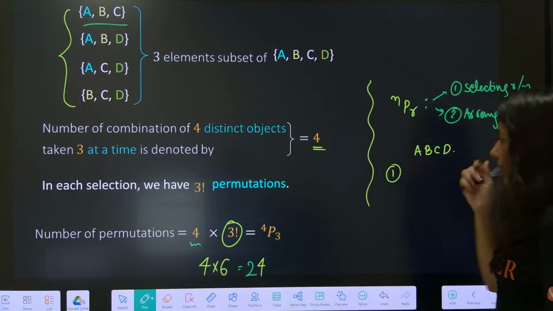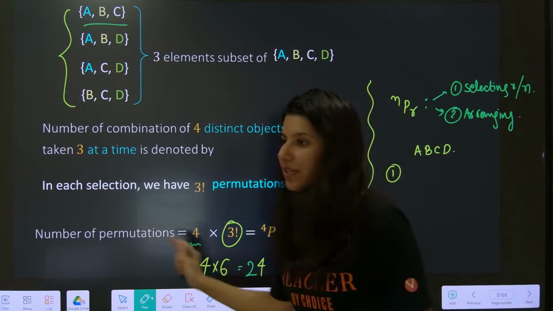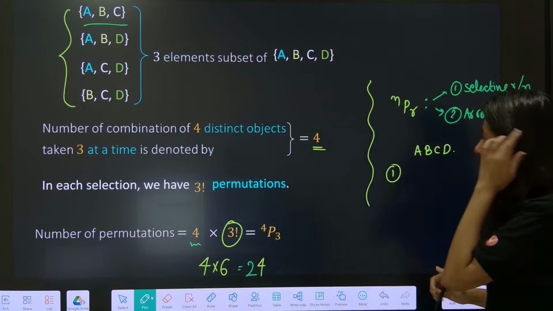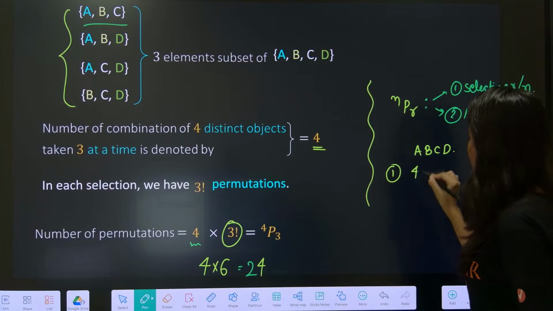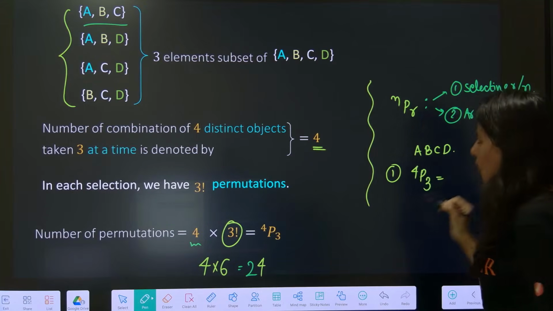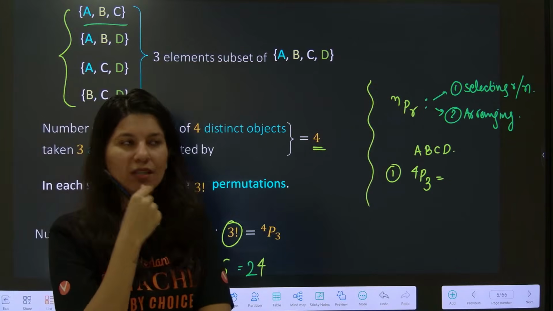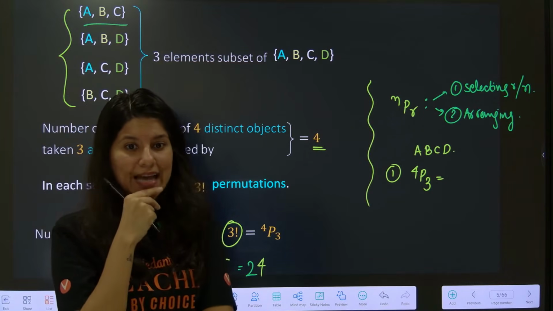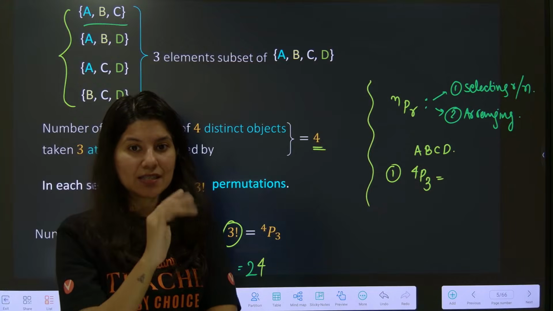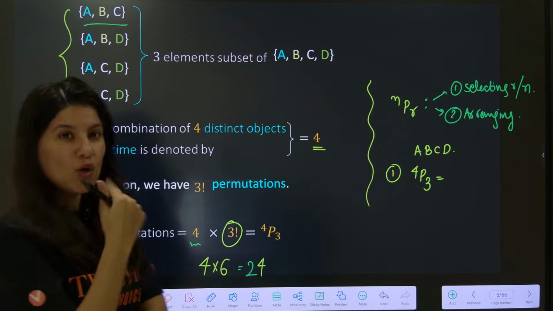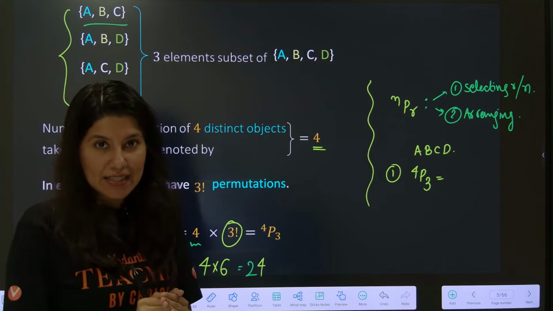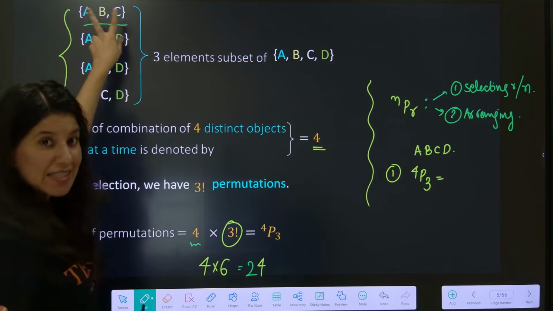Okay, ma'am. Now, over here, permutation. You know what is permutation? So 4P3, what will 4P3 do? Tell me. Ma'am, you have taught us in the last class. So let us understand. 4P3 will select 3 things out of 4, like ABC, and shuffle it also.